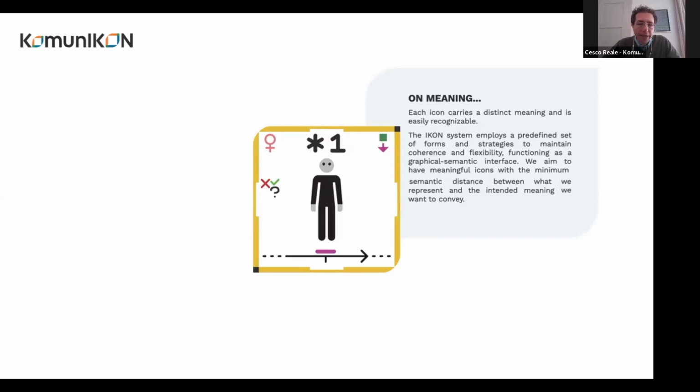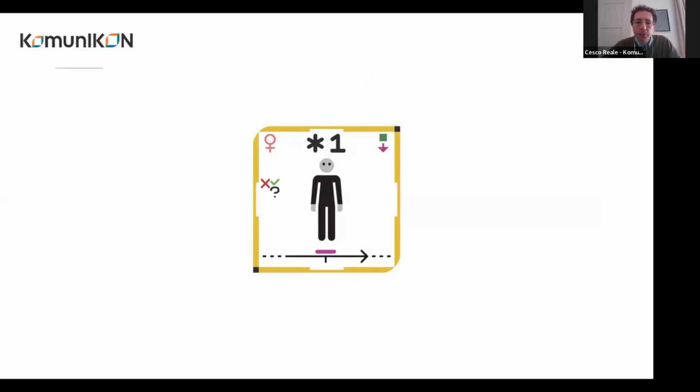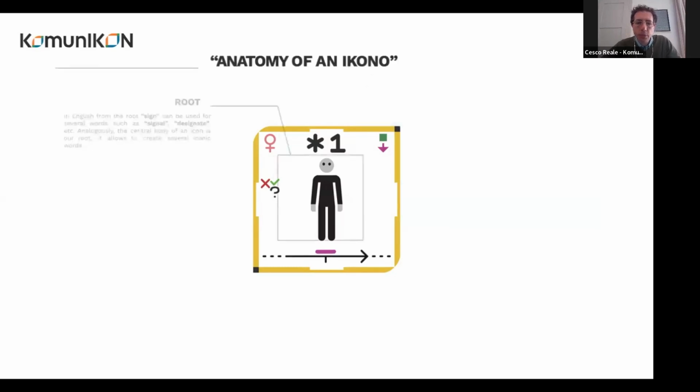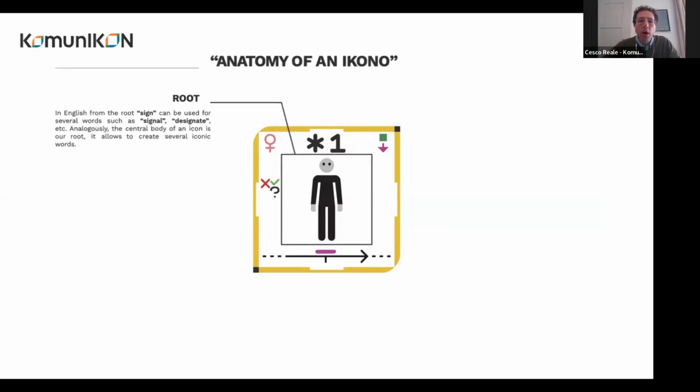It is very flexible in the sense that, as in any language, we can play with different morphemes and modify the meaning of each icon. So this is the central part, what is called the root in linguistics.